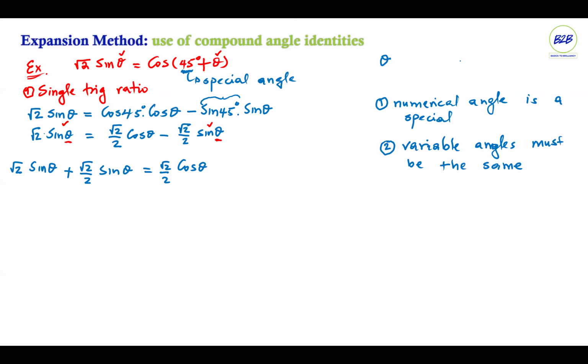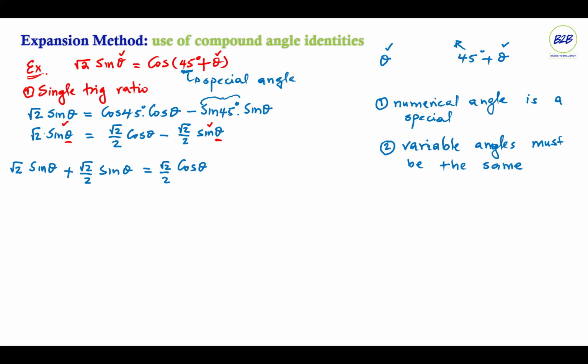On the right-hand side, the angle was 45 degrees plus theta. So that 45 degrees is what we refer to as the numerical angle. Then theta and theta are what we refer to as the variable angles. So the numerical angle, preferably, must be a special angle. Then the variable angles like theta and theta must be the same.